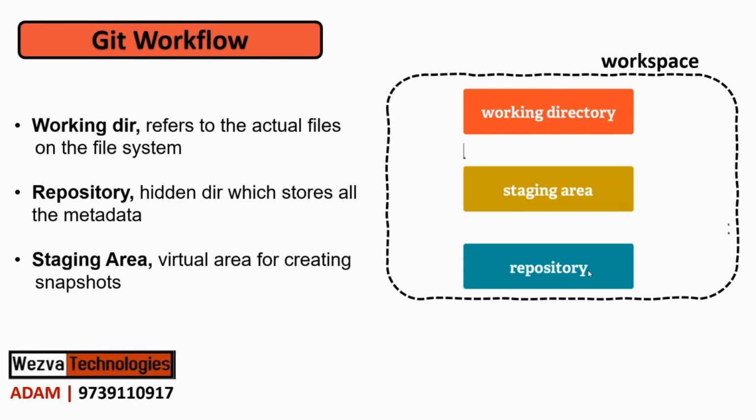Now, this is where, once you modify the files in the working directory, you need to go through a second step called adding your files to the staging area. Okay, so you first modify the file in the working directory, and then whatever files you have modified, which need to be stored into the repository, you add to the staging area.